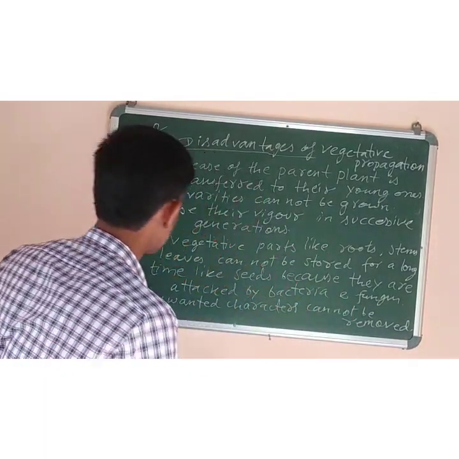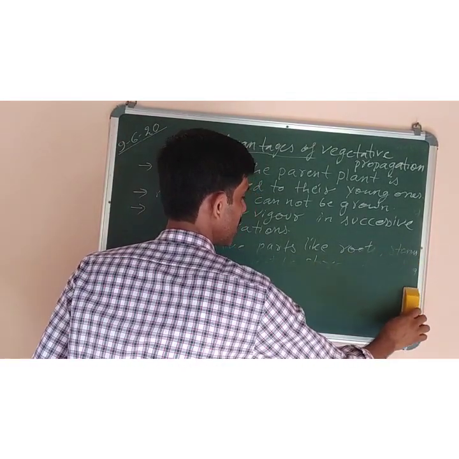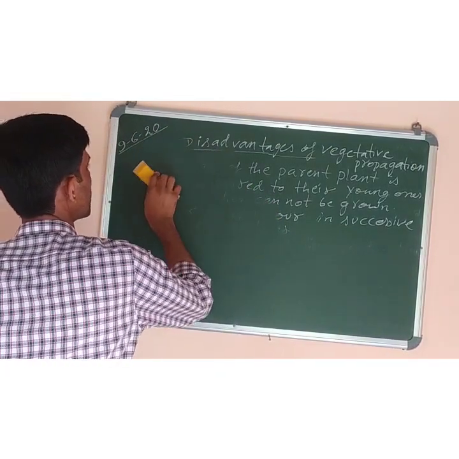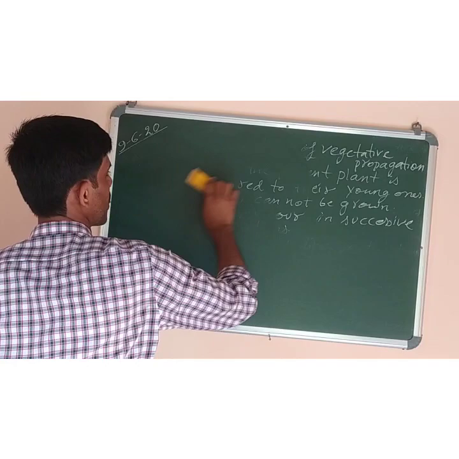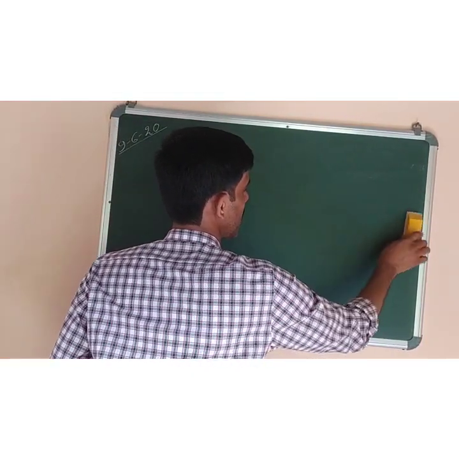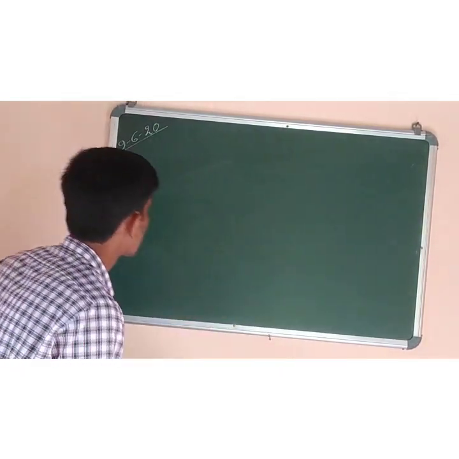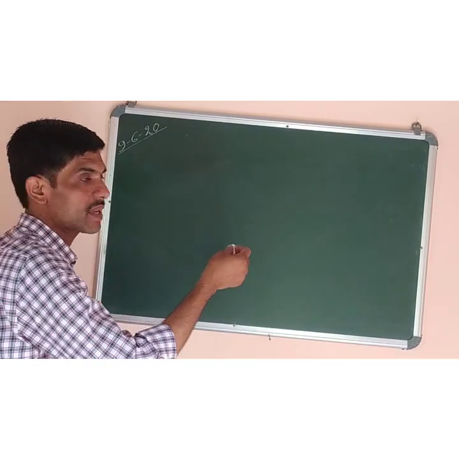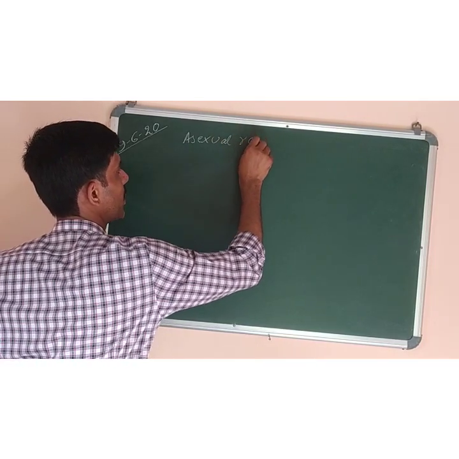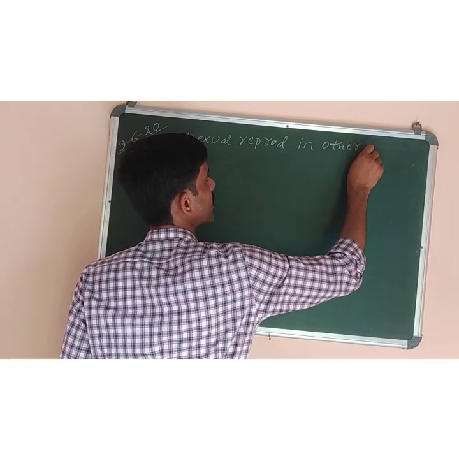Now next we will study about the other methods of propagation in other organisms, plants and animals. What are the other methods of asexual reproduction, not vegetative propagation? So there are mainly three methods of asexual reproduction in other organisms. I will just say it briefly here. Other methods of asexual reproduction, the next topic, in other organisms, not in plants.